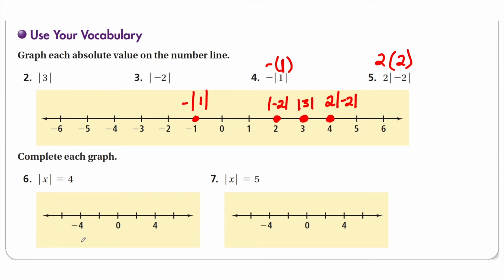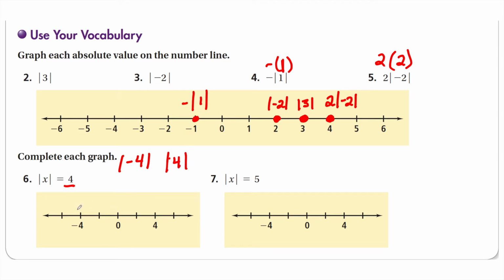If I had to complete this graph, I'm going to have the absolute value of x equals 4. That means that we could have 2 different values for that x, right? Because like we said before, as long as this answer is positive, we can plug in 2 different numbers for that x. We can have the negative 4 inside the absolute value sign, and we could have the positive 4 inside the absolute value sign.